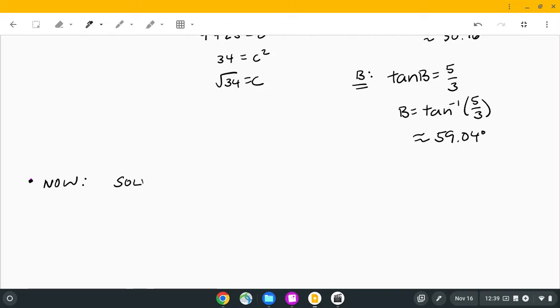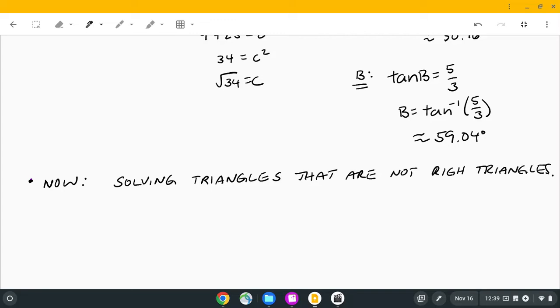We will be solving triangles that are not right triangles. Non-right triangles are oblique triangles, so we need another method to solve. That's where law of sines and law of cosines come in.